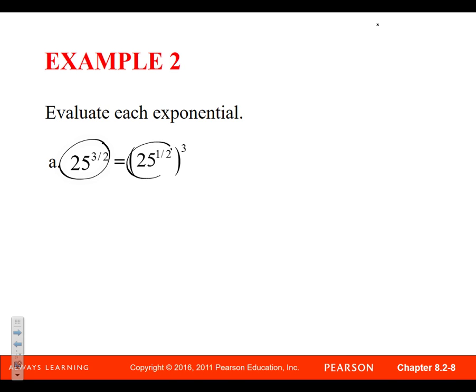I'm going to take the square root of 25, and then I'm going to take that to the third power. The square root of 25 is just 5. So 5 to the third would give me 125.